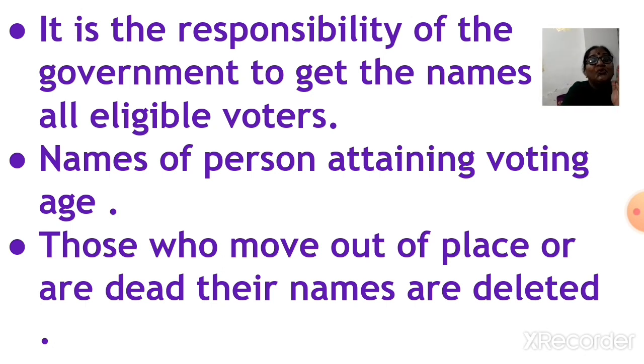All those new persons who have attained 18 years, that is the voting age. Their names will be added to the voters list. If your elder sister or elder brother has turned 18 years, his or her name will be added, not yours.